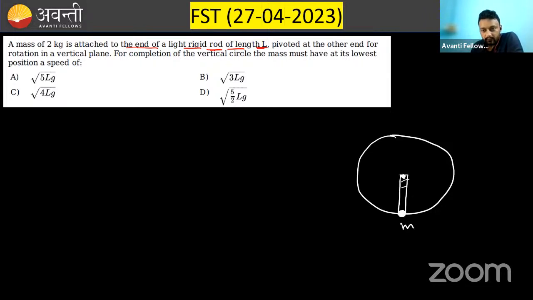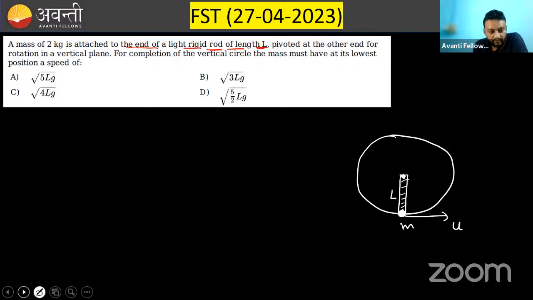The rod has no mass, it is a light rod. Now it is rotating in a vertical circle. So what are they saying? For completion of the vertical circle, the mass must have at its lowest position a speed of. That means at its lowest position, the speed, let's suppose, is u. And the length of the rod is L.